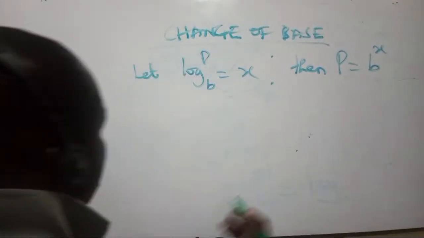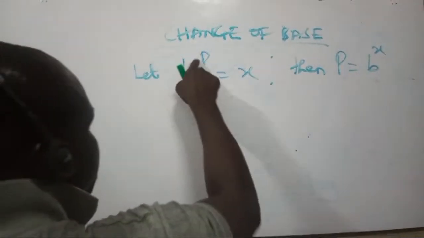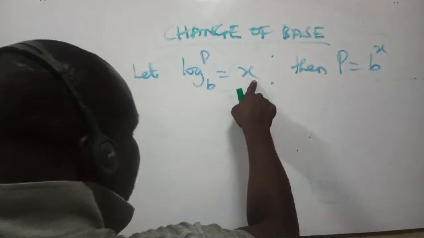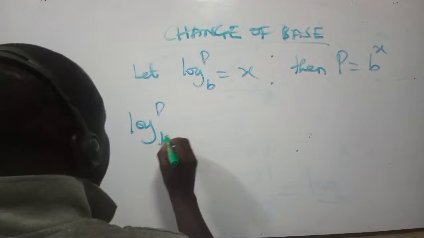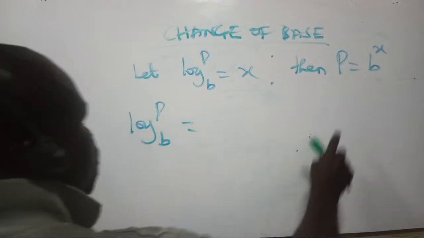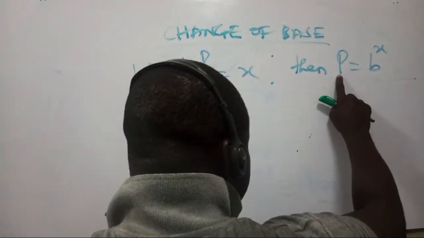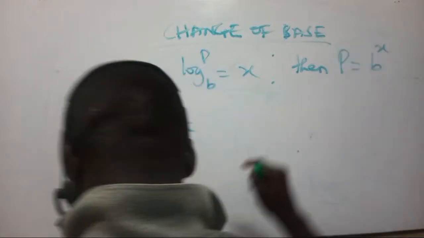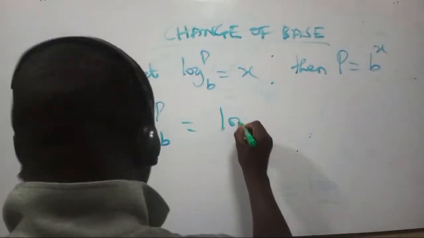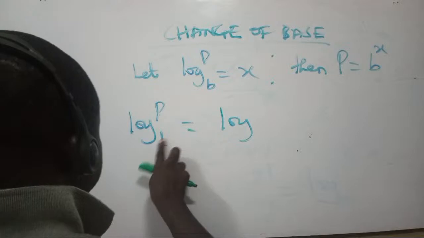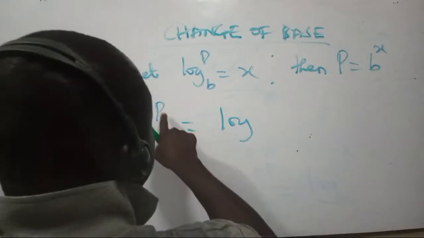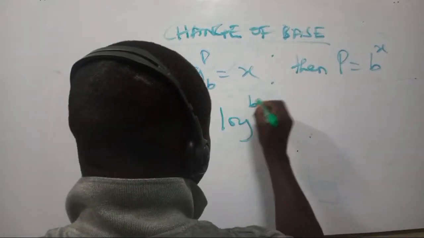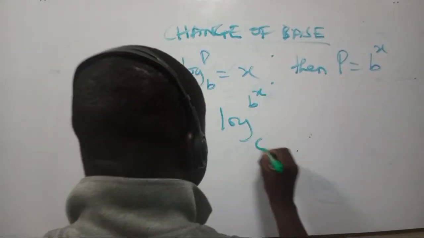So now, log p base b is equal to x. Now we know that this p is the same thing as b raised to power x. So if I change this to log p base c, what is my p? p is equal to b raised to power x, then base c.